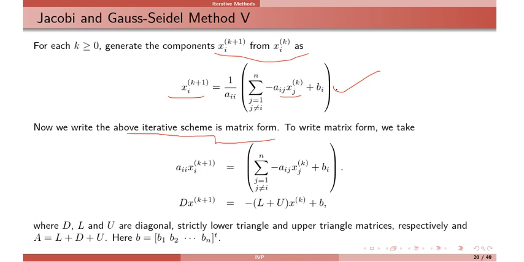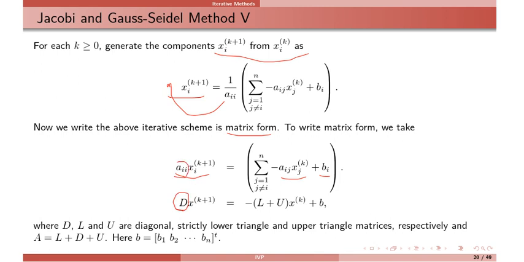To write the matrix form, we keep a_ii on the left hand side. So a_ii x_i^(k+1), and then the right hand side, and then b_i. Now I am writing everything in matrix form. You are keeping the diagonal entries of the matrix on the left hand side.